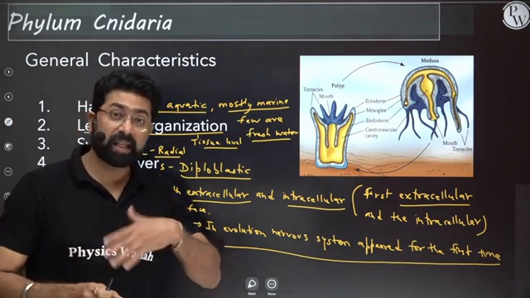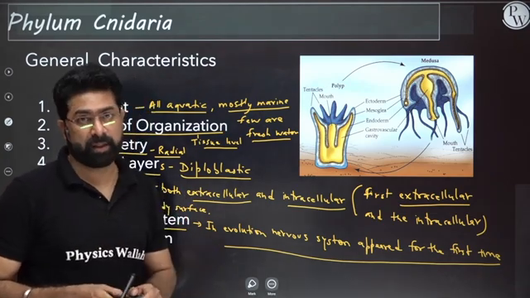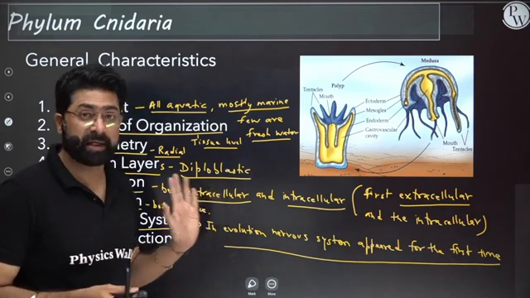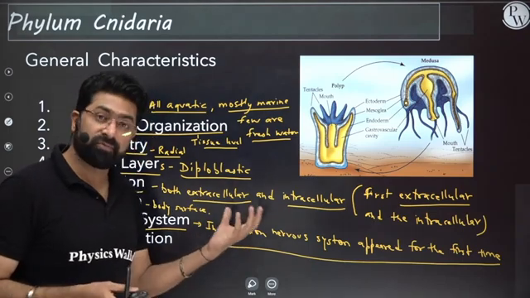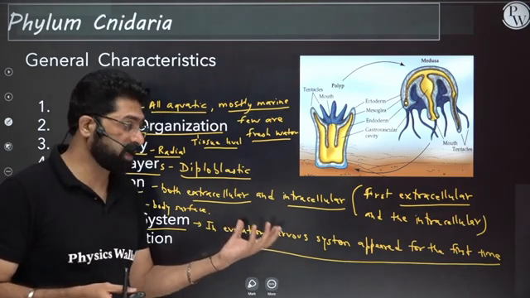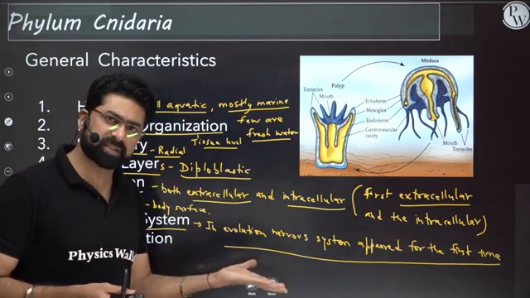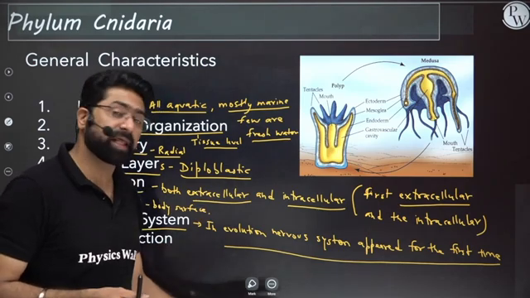So that means nerves arose first time in which phylum? If the question comes, nerves arose in which phylum, then it is not Cnidaria. Neurons developed in which phylum first time? That is Cnidaria, correct. Nervous system appeared for the first time in Cnidarians. Neurons appeared first time in Cnidarians.